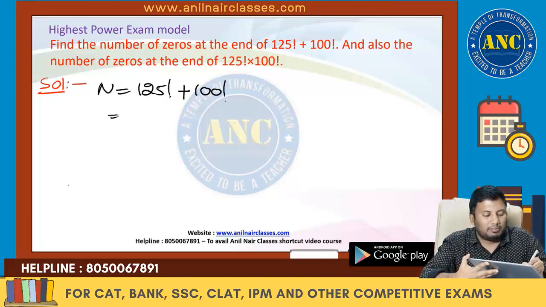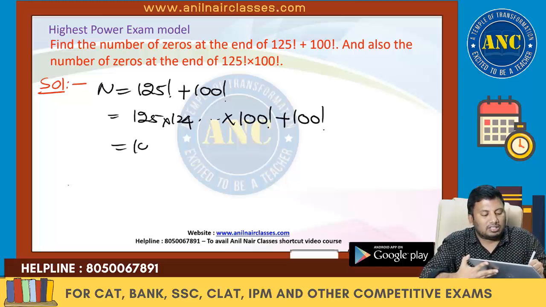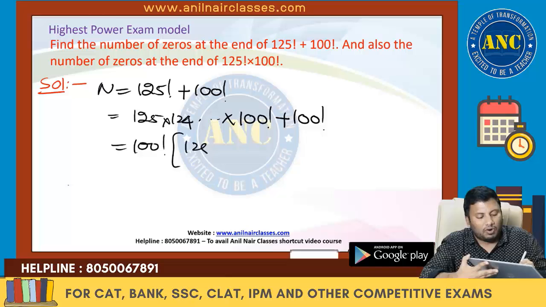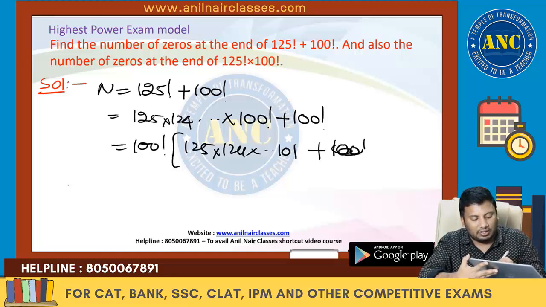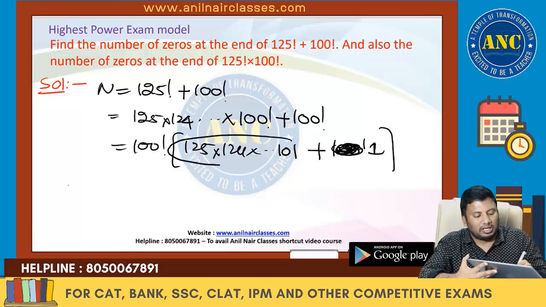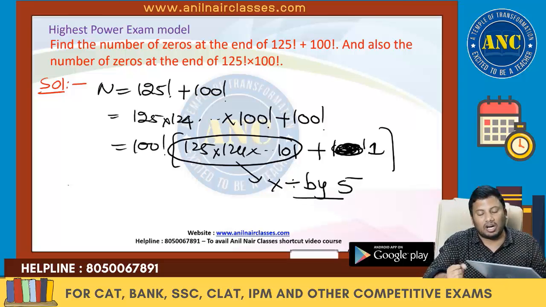This is nothing but 125, 124 and so on up to 101 times 100 factorial, plus 100 factorial. 100 factorial is common, so we get 100 factorial times the bracket plus 1. This is a multiple of 5 plus 1. That means the answer in the bracket is not divisible by 5.